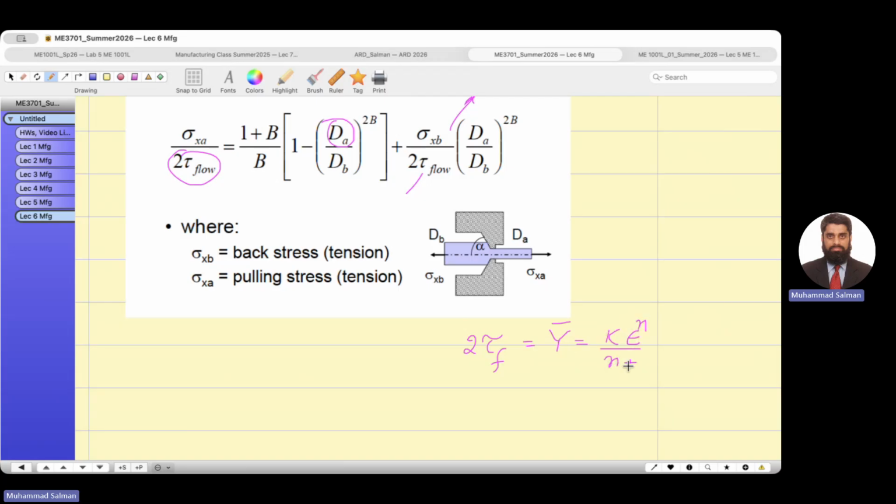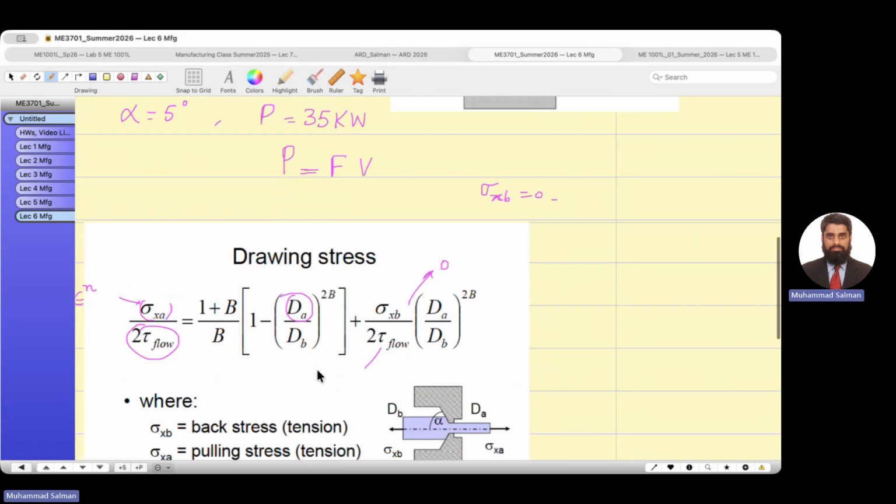This is my formula for average flow stress when the material starts to plastically deform. And over here, the power law, sigma equals K times epsilon to the power n. So let's do this over here. I'm going to show you what is my B.